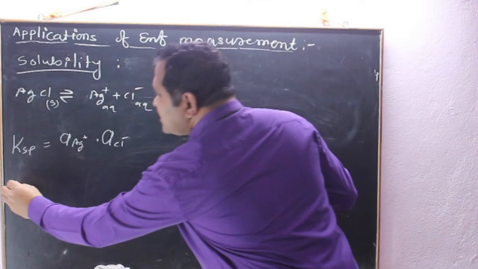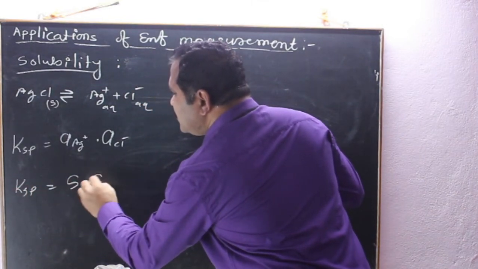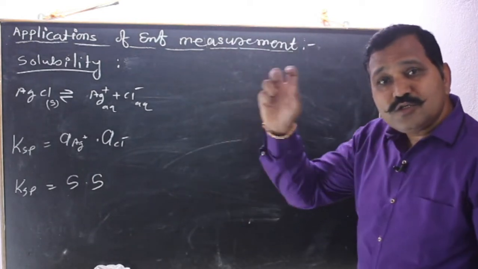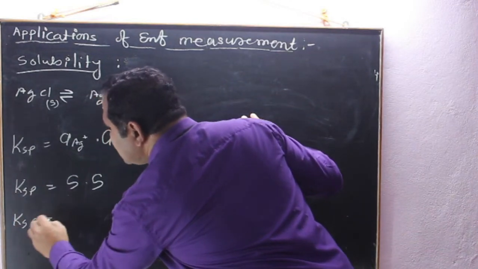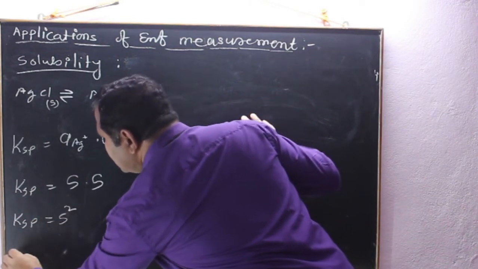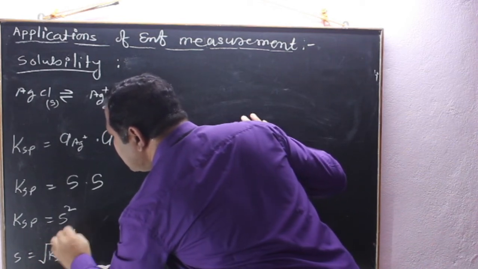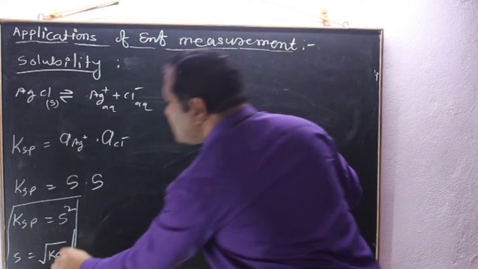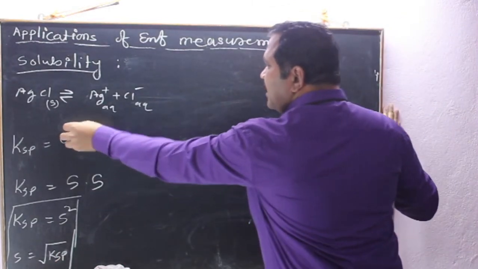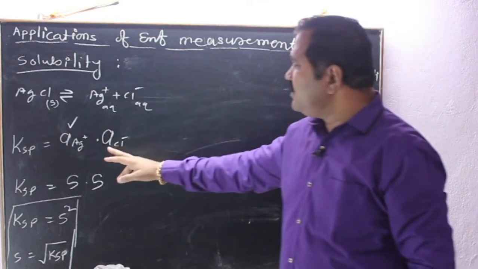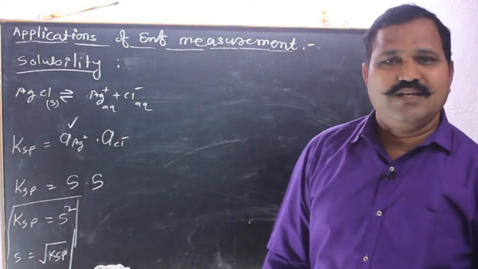Okay, therefore Ksp is equal to S into S. What is S here? Solubility. Therefore Ksp is equal to S square, or S is equal to square root of Ksp. Once we determine activity of Ag plus and activity of Cl minus, we can determine the solubility product of AgCl.